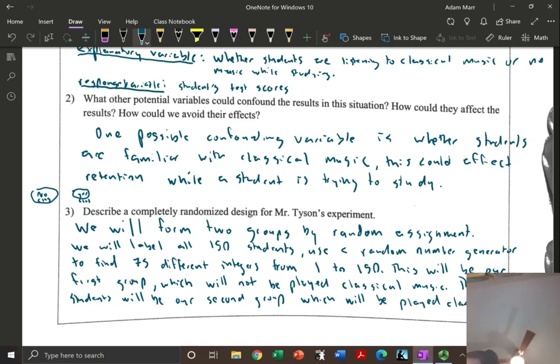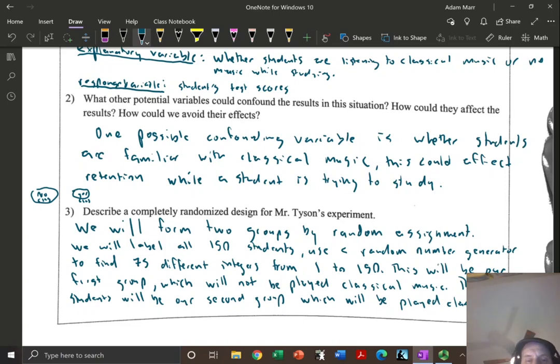All right, now we have to make sure that every other variable is the same.